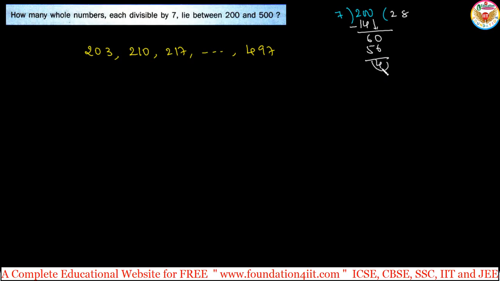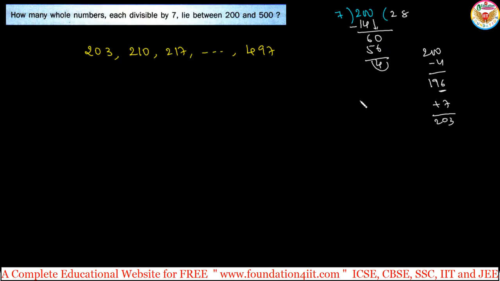That means 4 is extra, so 4 should be subtracted from 200. 200 minus 4 is 196, so 196 is divisible by 7. For the next one you add 7, and you get 203, because you want the next number. If you remove the extra remainder from the dividend, it is divisible by 7.